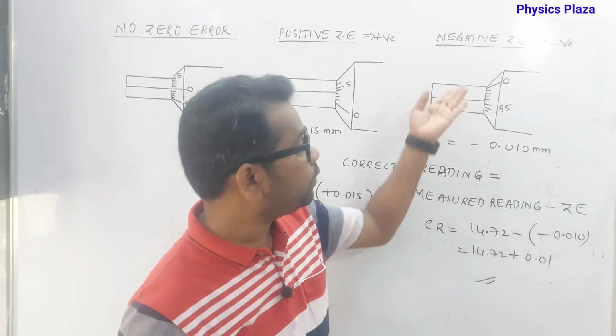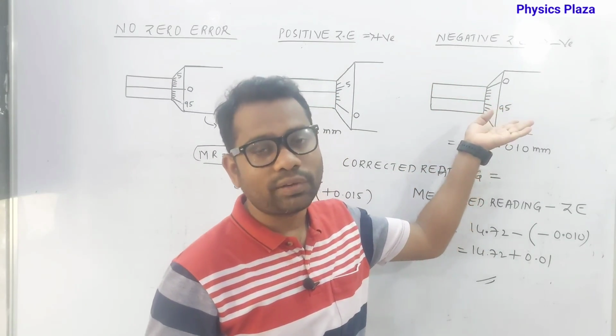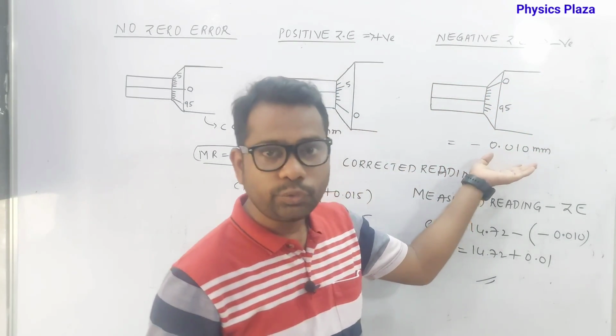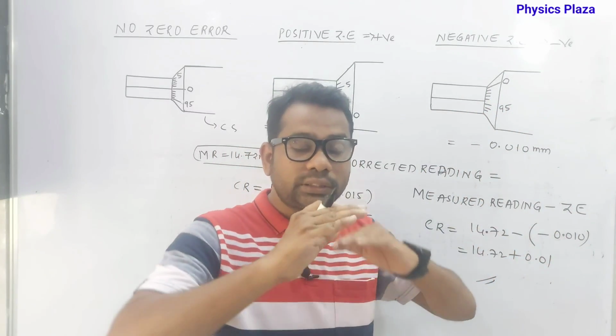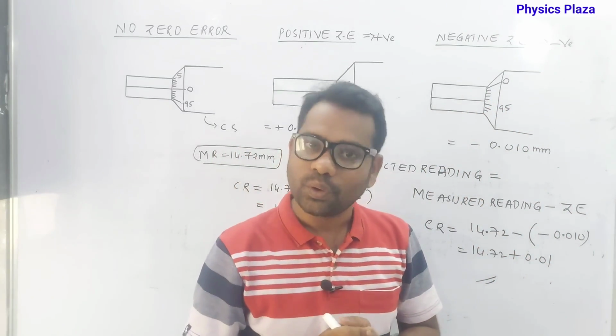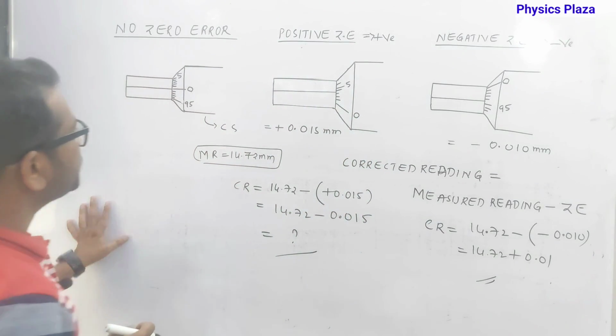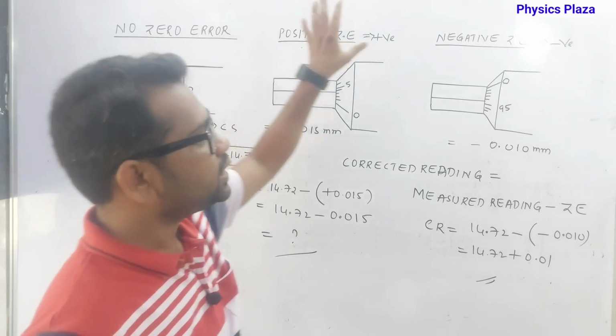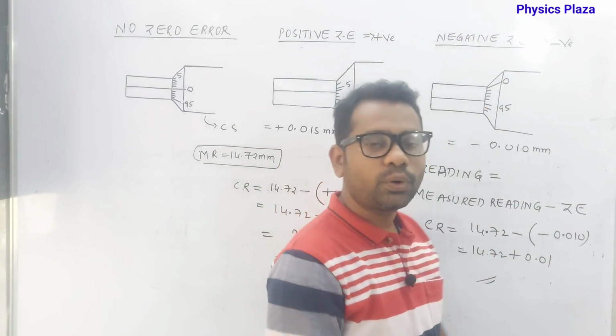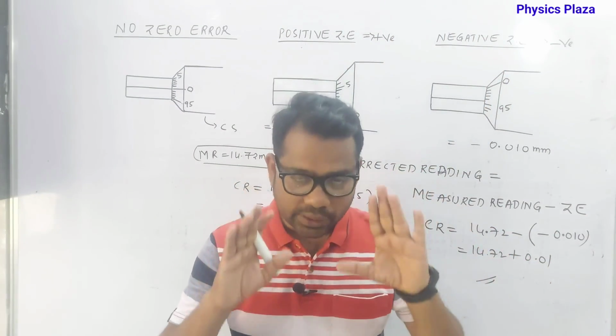Whereas in a negative error, whatever the zero error value is, that must be added so that the value will be compensated. Okay, children. So this is the no zero error case, the positive zero error case, and the negative zero error case. So this is actually today's class.